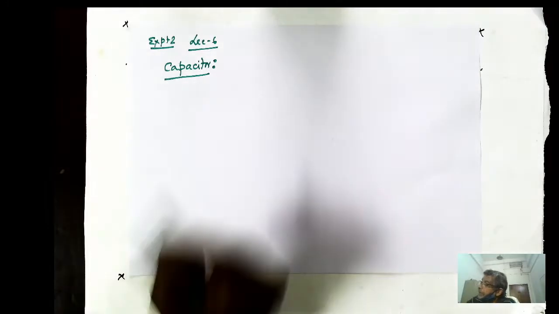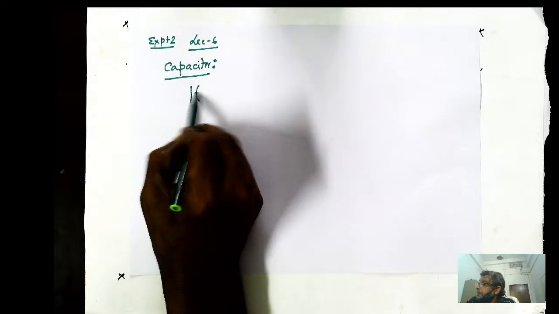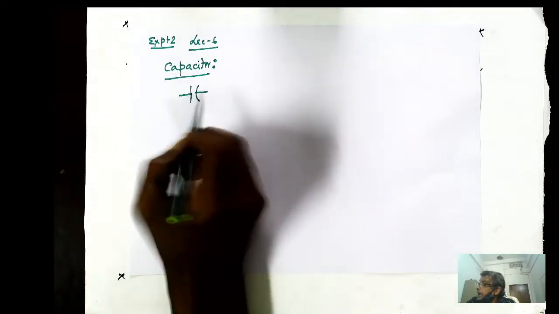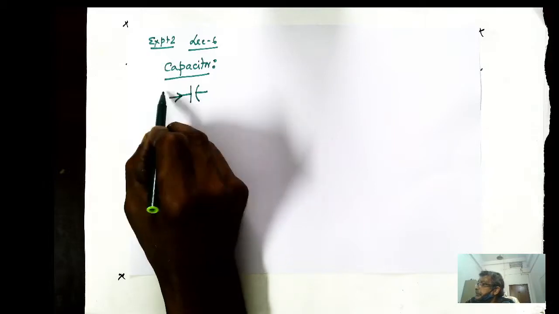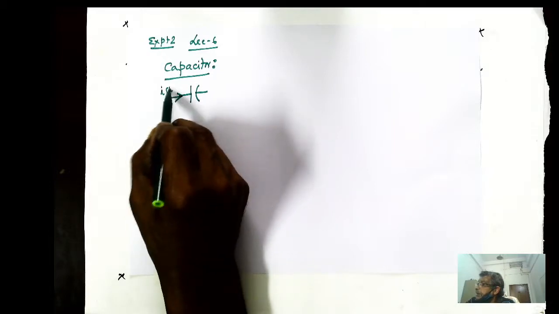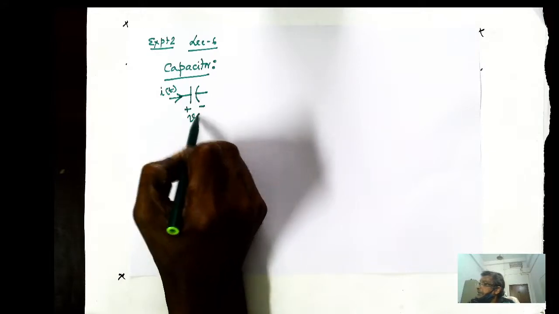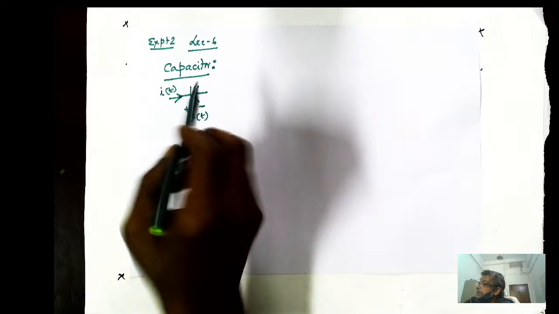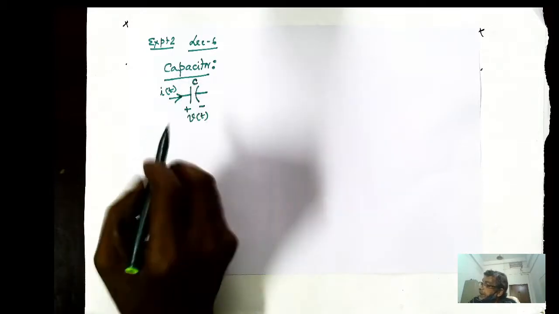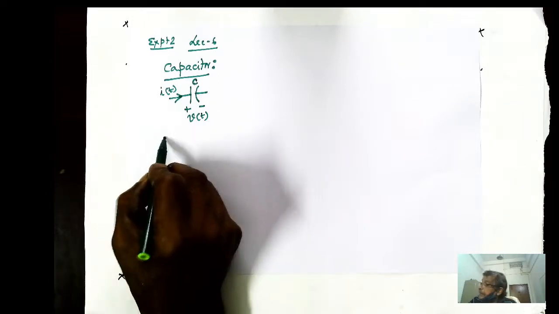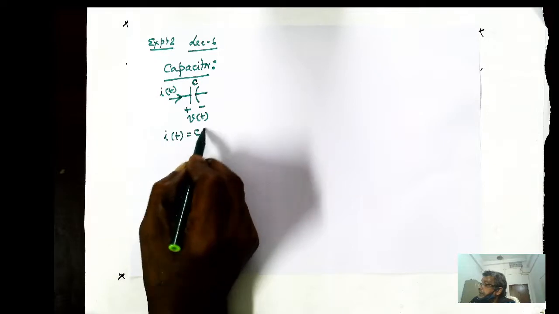A capacitor is denoted by two plates like this, separated. If you show the current i(t), then there will be a voltage appearing across the capacitor, and the value of the capacitance is C. If that is the case, then i(t) will be equal to C dV/dt.